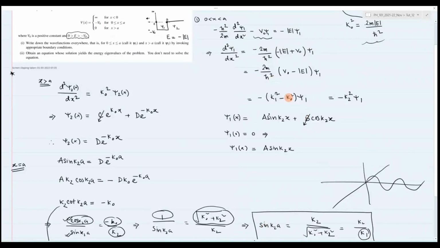So whenever you write an equation like this, d2x by dx square is equal to some positive number times x, with a negative sign here, you know definitely that this is a positive thing. So this is an SHM equation, right? Yes. So here you will write a sin k2x plus b cos k2x. But if you have a plus sign here, this is not an SHM equation, right? Yes. So in this case, you write like this.